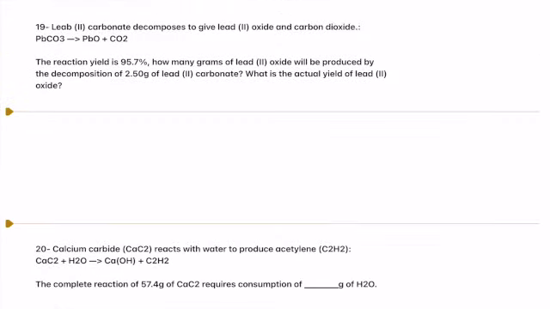This time it tells me lead-2 carbonate decomposes. It gives lead-2 oxide and carbon dioxide. It says the reaction yield is 95.7%. How many grams of lead-2 oxide are produced when my sample is 2.5 grams of lead-2 carbonate? So I'm going to start out with my 2.50 grams of lead-2 carbonate. That's my given.